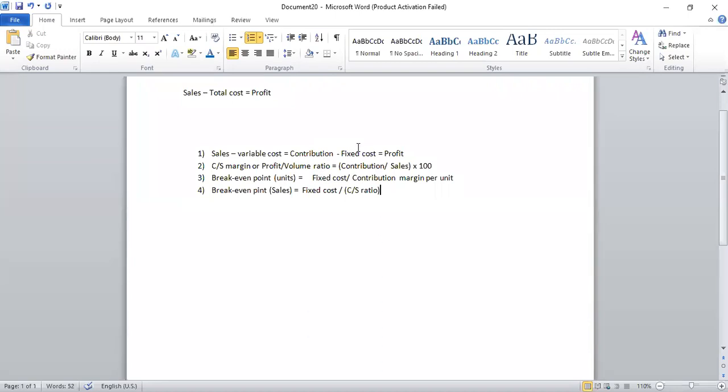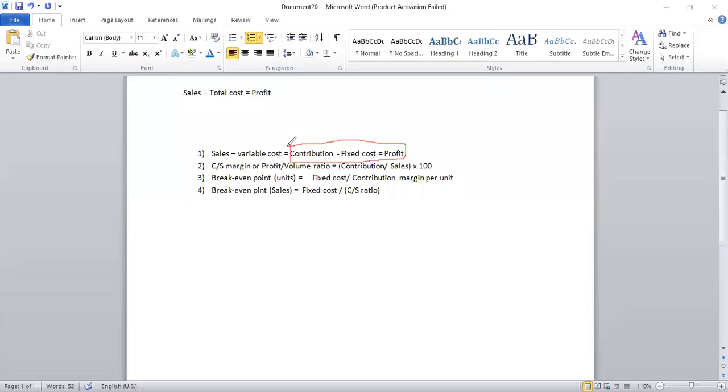The third one in the list is break-even point in units. So what do we see from this particular equation? Break-even point is a point where there is no profit, no loss. That is what we have understood till now. So from this equation, contribution minus fixed cost is equal to 0. There is no profit, there is no loss, isn't it? So profit will become 0. So how do we equate that?